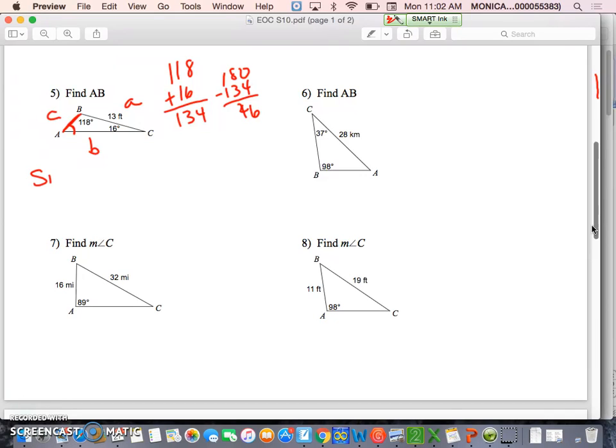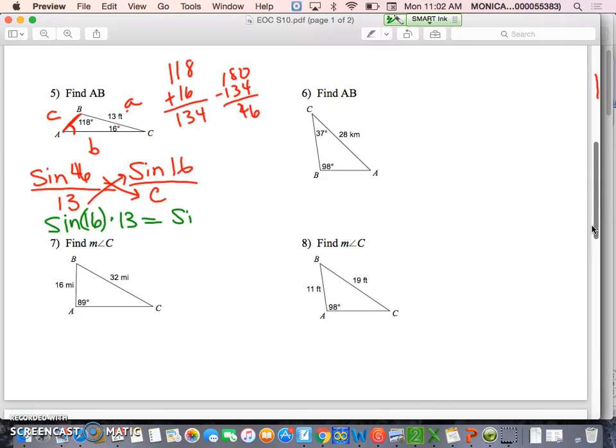So I'm going to do the sine of 46 over little a, which is 13, equals the sine of 16 over little c. And remember, we cross multiply and then divide. So it's going to be the sine of 16 times 13 equals the sine of 46 times c.